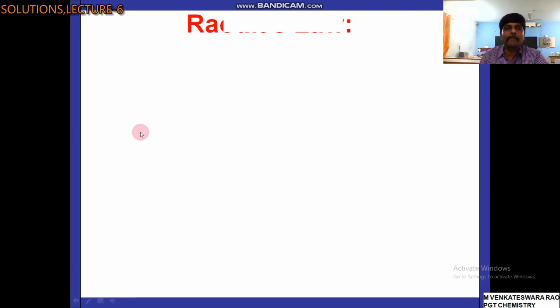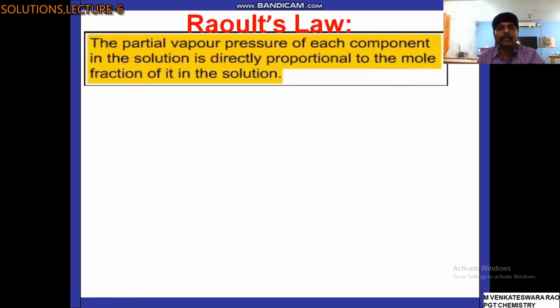So first, Raoult's law for volatile solute. Here is the statement of Raoult's law: the partial vapor pressure of each component in the solution is directly proportional to the mole fraction of it in the solution.